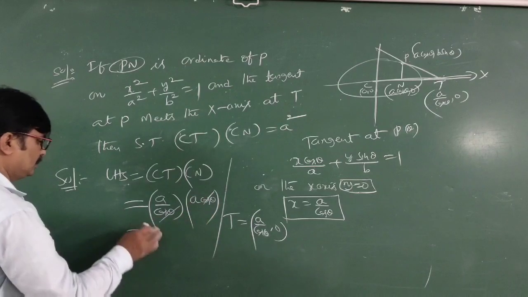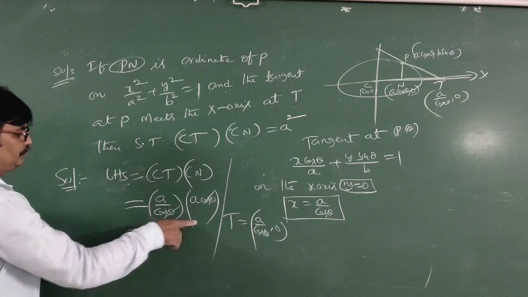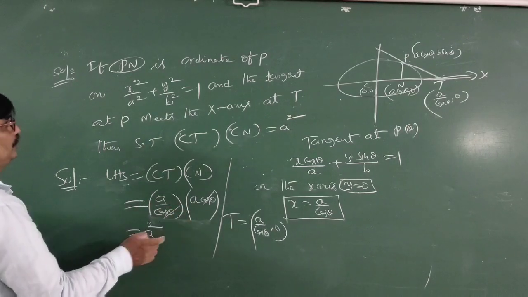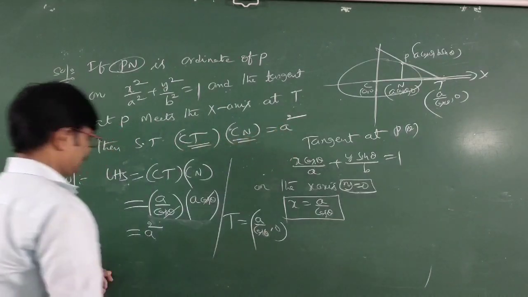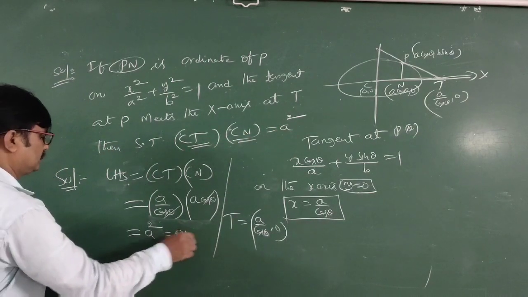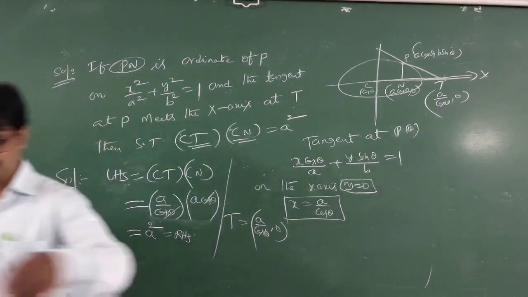These cancel, so this is a into a, a square. So Ct into Cn is a square, which is nothing but the RHS. Okay students, write down.